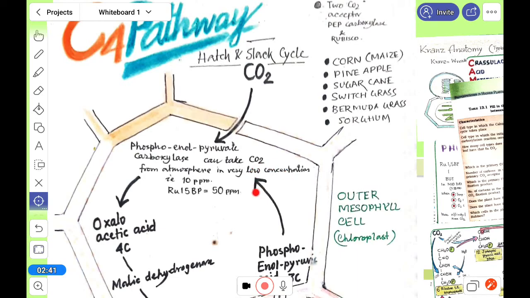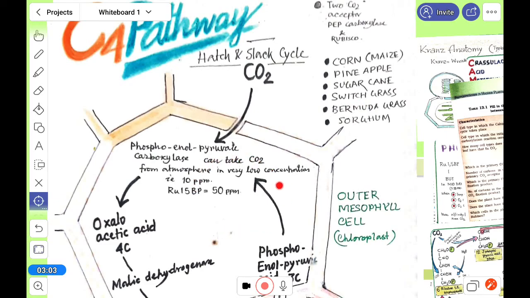The C4 cycle is not found in every plant. It is found in corn, pineapple, sugarcane, Bermuda grass and many others.